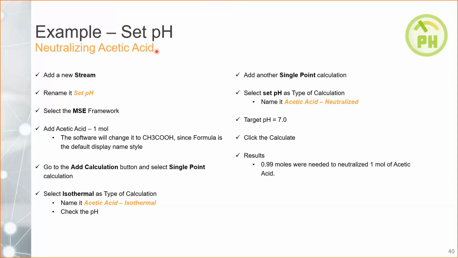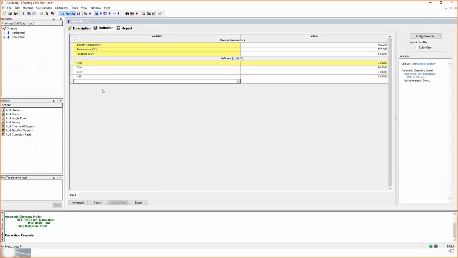Okay. So to illustrate this pH example, we are going to learn how to neutralize a 1 molar solution of acetic acid. So we're going to go back to the software. We're going to add a new stream.